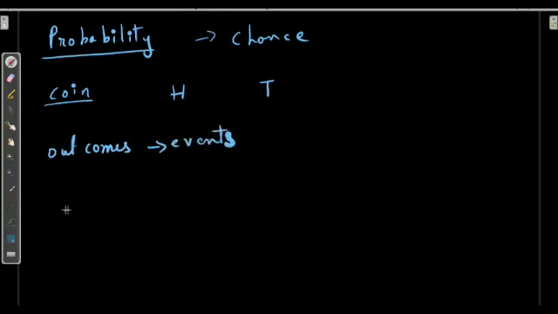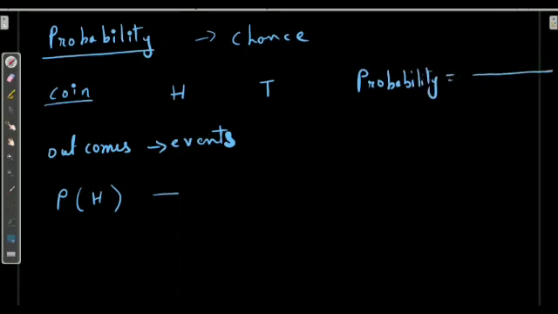If in a question I ask, what is the probability of getting head if I toss the coin, the probability is represented by P, and for this there is a formula. First I write the formula: probability is equal to favorable events upon total events.